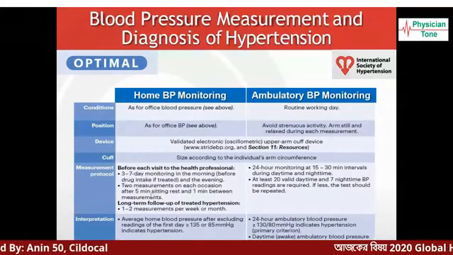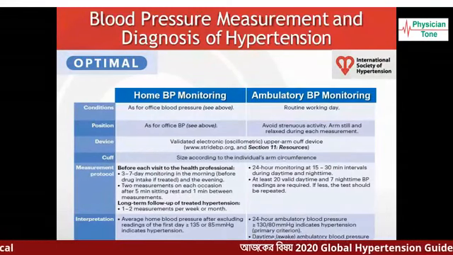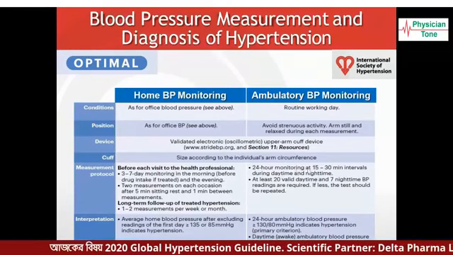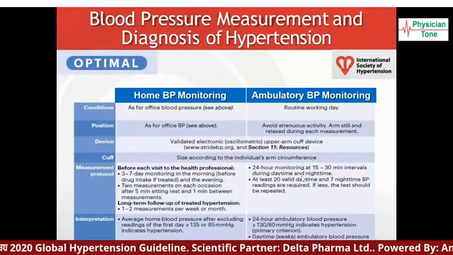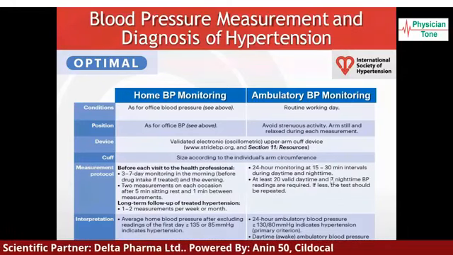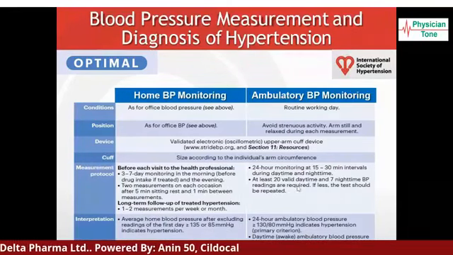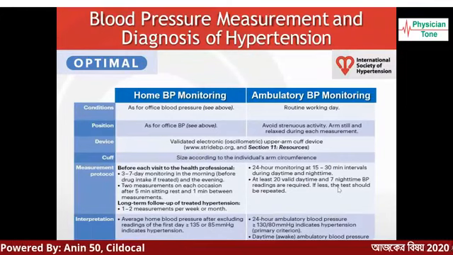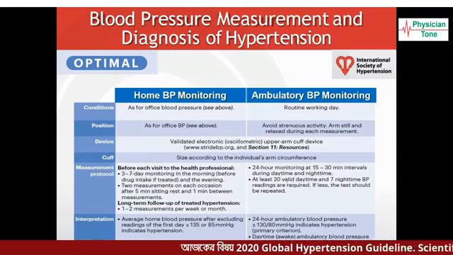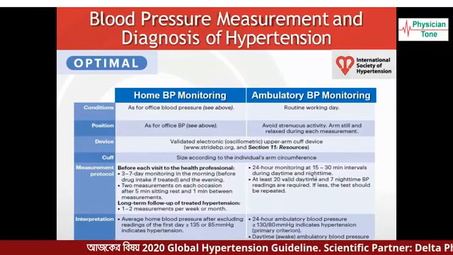And in 24-hour monitoring, what about the protocol? 15 to 30 minute intervals during daytime and nighttime, and at least 20 valid daytime and 7 nighttime BP readings are required. If fewer, the test should be repeated. This is already tailored programming in the 24-hour blood pressure monitoring.